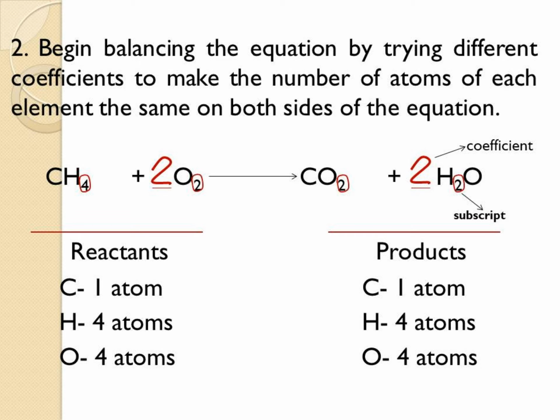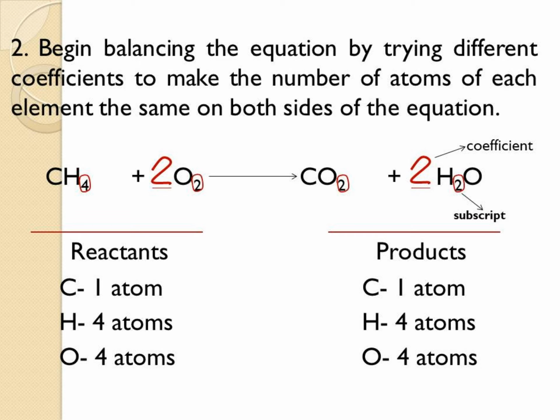But because we supplied a coefficient 2 in front of H2O, we multiply the subscript 2 with the coefficient 2. So 2 times 2 is 4 atoms of hydrogen.